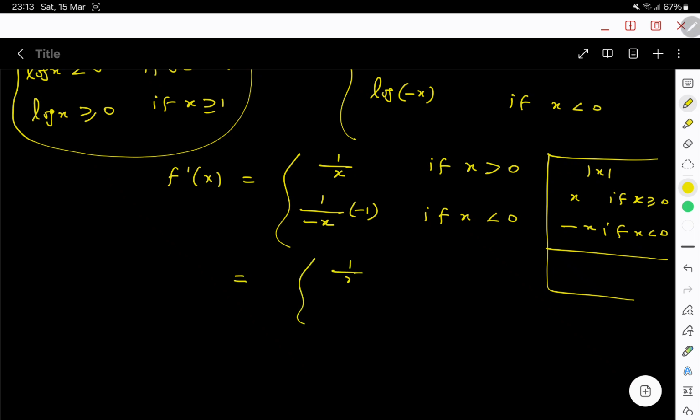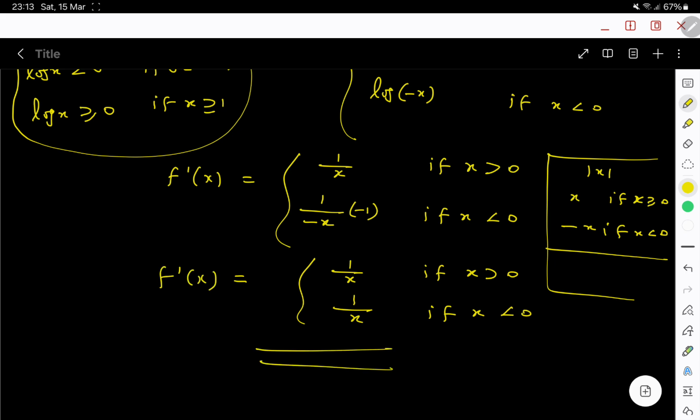So it is 1 by x if x is greater than 0, and minus minus plus, so again 1 by x if x is less than 0. This is the value of f dash of x for log of mod of x. Therefore, f dash of x is 1 by x for all x except 0.